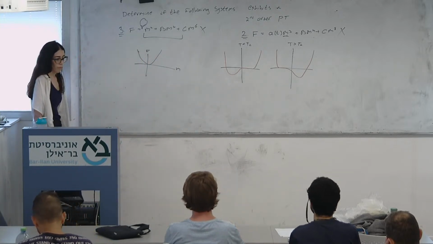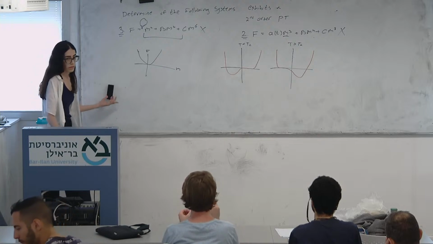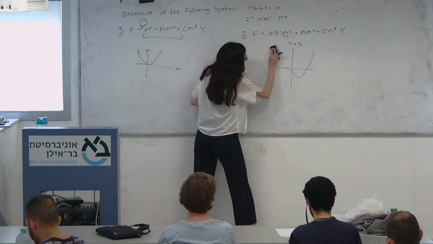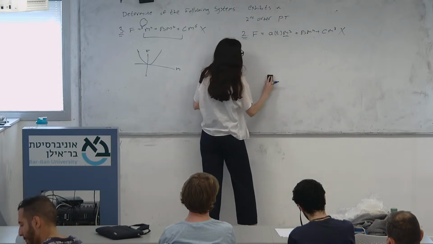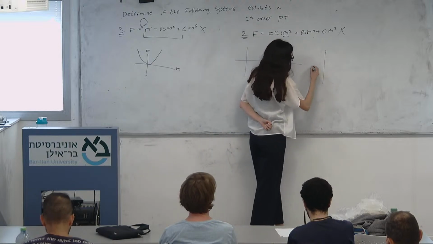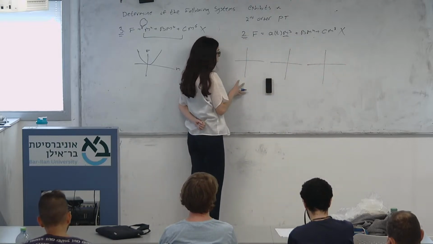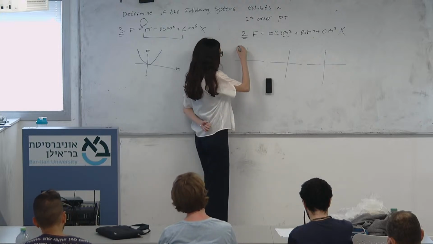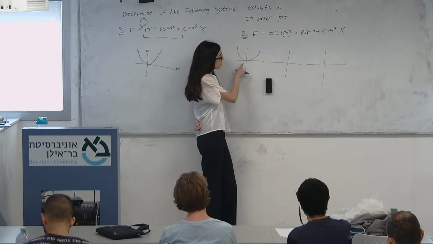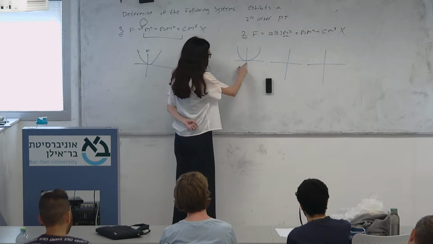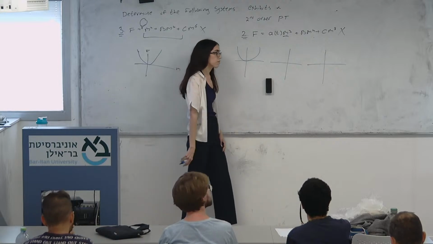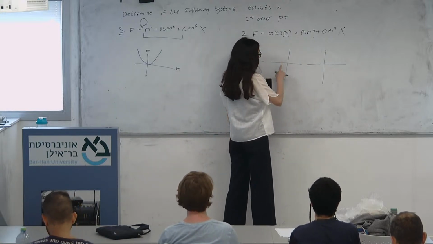Can you show a graphic form for the second order phase transition? So this is what we did in the beginning. If we go to high temperature, we have a single minimum point, which means the minimum of the free energy is at zero magnetization, the disordered state or phase.